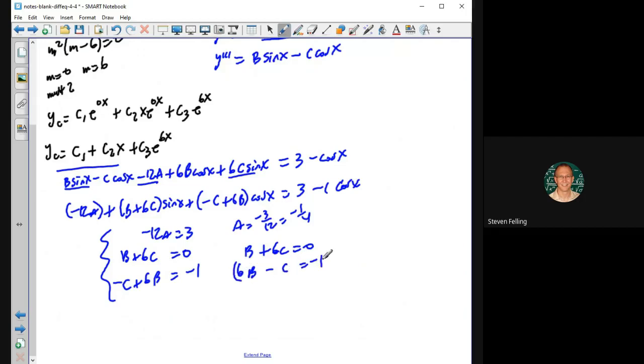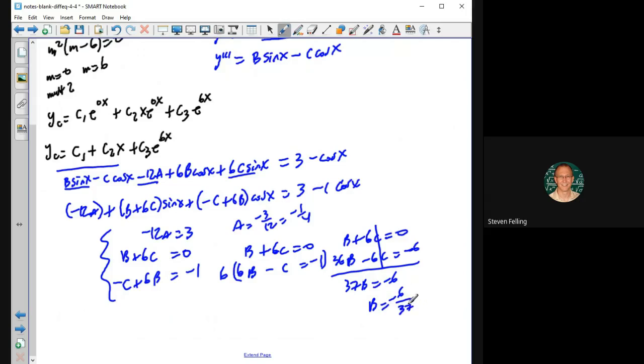If I multiply this equation by 6, I would have b plus 6c equals 0, and 36b minus 6c equals -6. So I would have 37b equaling -6. So b would be -6/37.